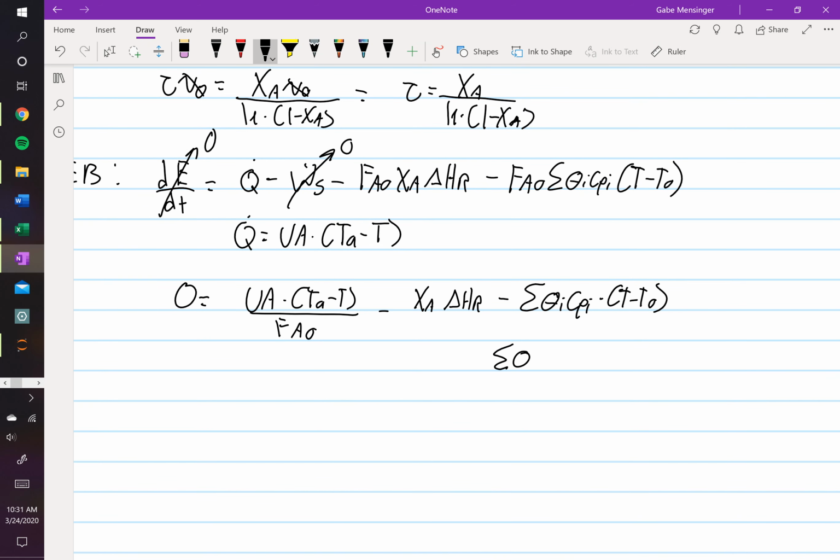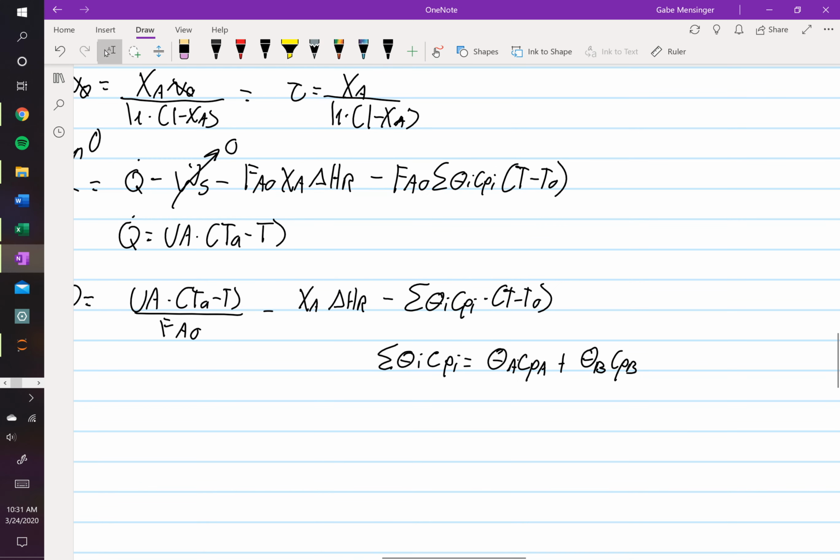For the sum over i of theta_i C_Pi, we'll have to consider all of them: theta B, C_PB, and remember that in this problem we were told that we had an inert coming in as well. Let's do that, capital I. It said that A and inert were initially fed to the reactor, so that makes theta B 0.